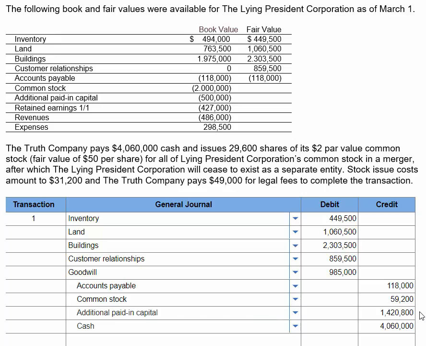Okay, so once we put the additional paid-in capital and the common stock and everything else at its fair market value, our debits won't equal the credits. Now, what that means is we either paid more for the fair value of the assets, in which case we need to record goodwill to make the account balance, or we had a bargain purchase.